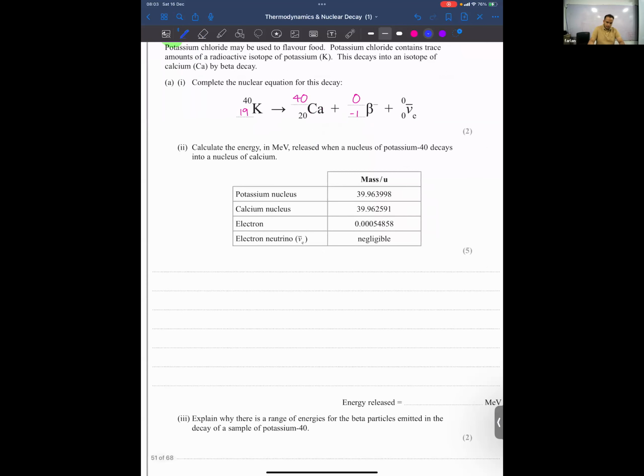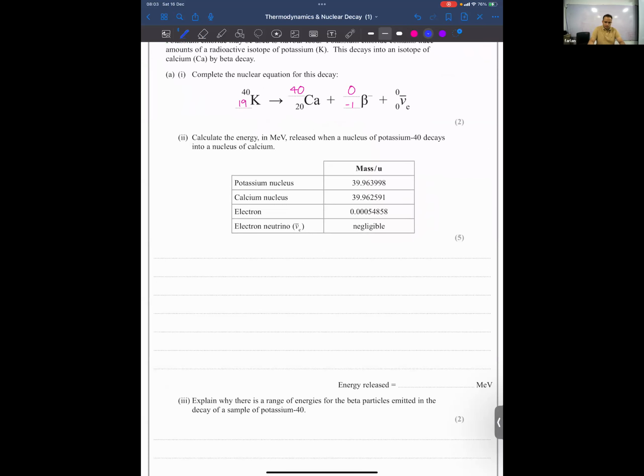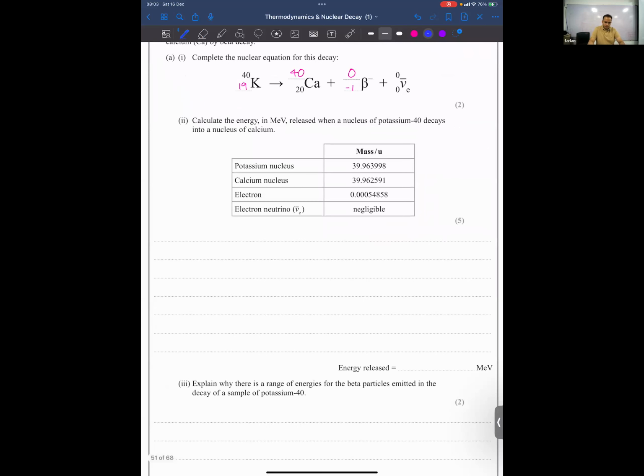Calculate the energy in mega electron volts released when a nucleus of potassium 40 decays into a nucleus of calcium. Potassium decays into calcium. So guys, the calcium and the beta particle, their mass is given. Potassium nucleus mass is here.